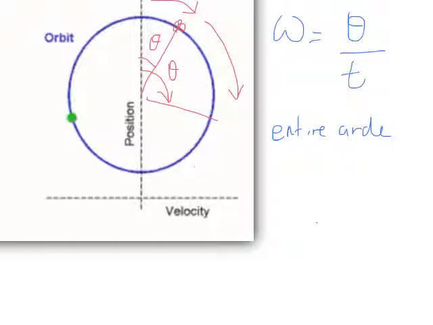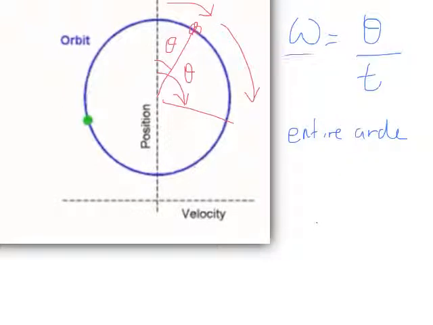So if we consider the angular frequency of an object traveling an entire circle, from there all the way around back, then the angle covered would be 360 degrees over, well, let's think about this. How long does it take for an entire cycle to happen?